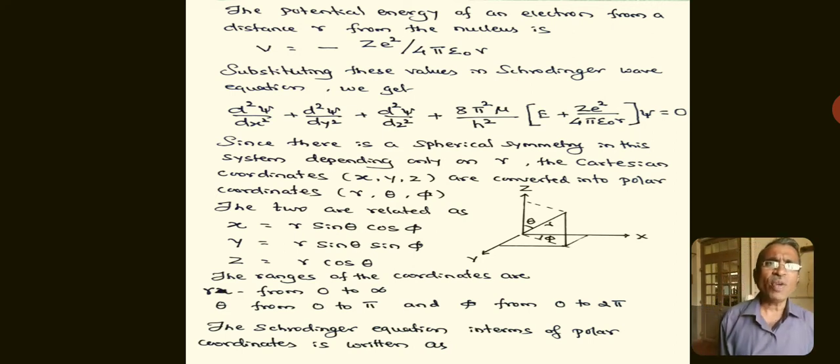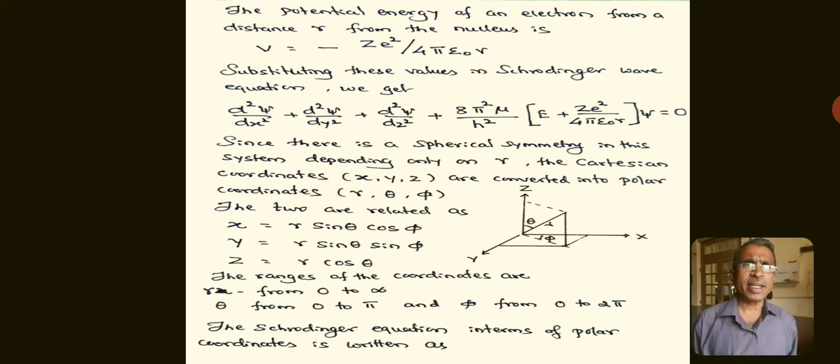Substituting this value in the Schrödinger wave equation, we get d square psi upon dx square plus d square psi upon dy square plus d square psi upon dz square plus 8 pi square mu upon h square into bracket E plus Ze square upon 4 pi epsilon naught r into psi is equal to 0.